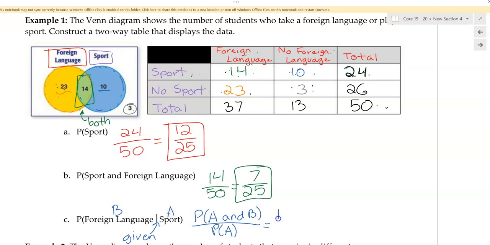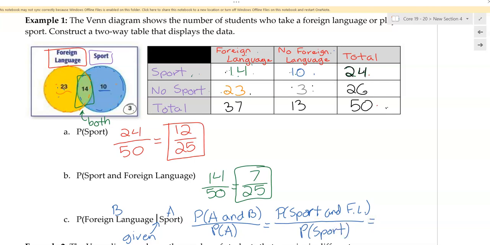So that's going to be the probability of sport and foreign language over the probability of sport.